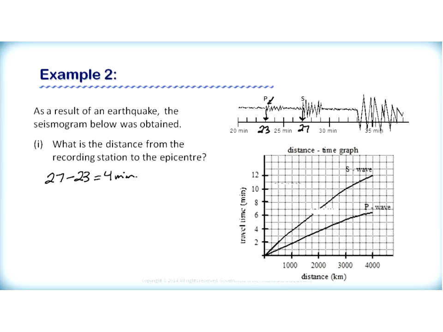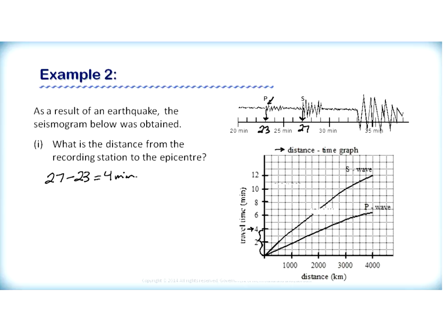Once we know that the difference in arrival time was 4 minutes, we then can go to a distance time graph and use 4 minutes. So 4 minutes time would represent 4 blocks.